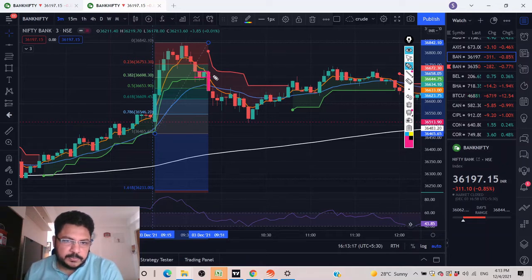After this, I was waiting for it to close below this, and it has closed below this, and there is another red candle formed. Then it is sure shot that this is not a normal move, because this kind of powerful move is losing all its power and going below this level.